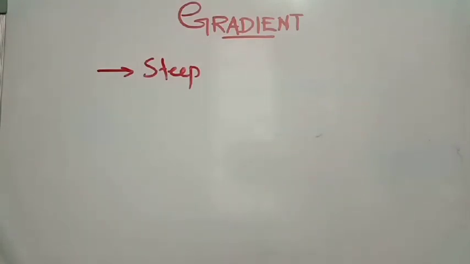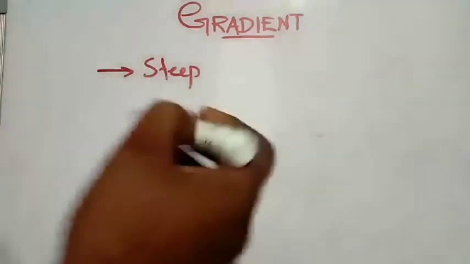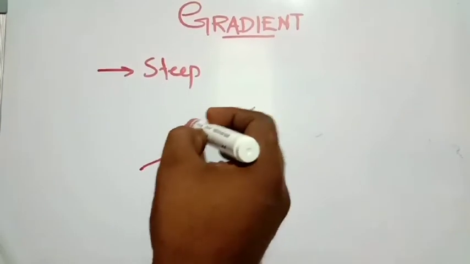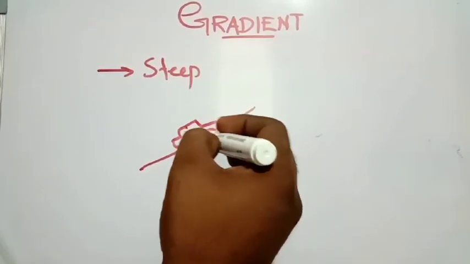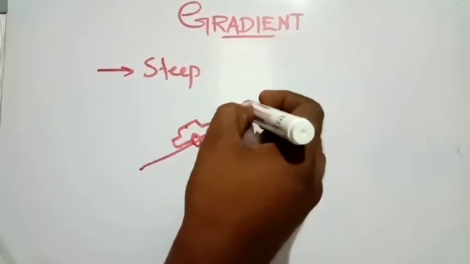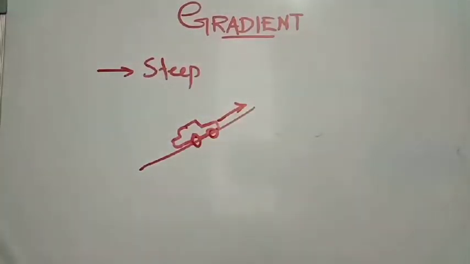Or gradient is a quantity which decides the position of the line, or which decides the inclination or slope of a line. You have heard about slope, slopy surface. Yes, like suppose we can say this surface is a slopy surface which moves upward direction.